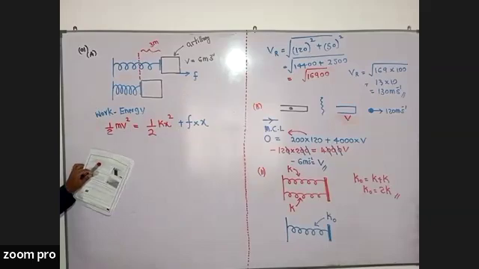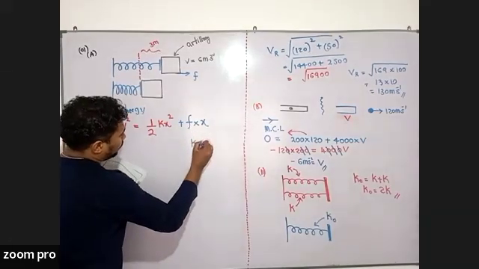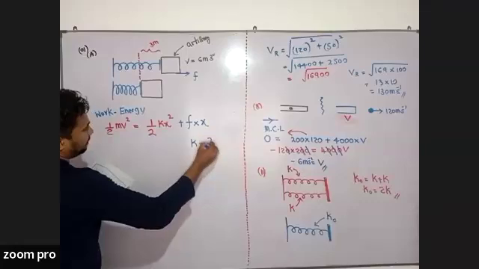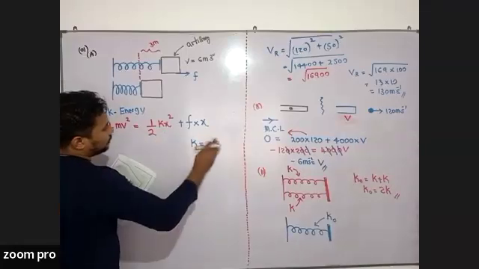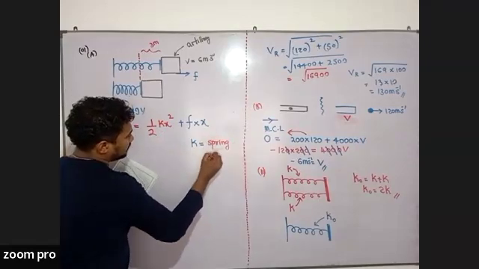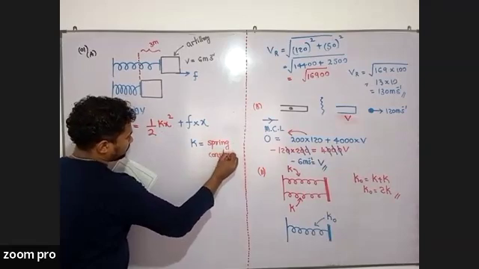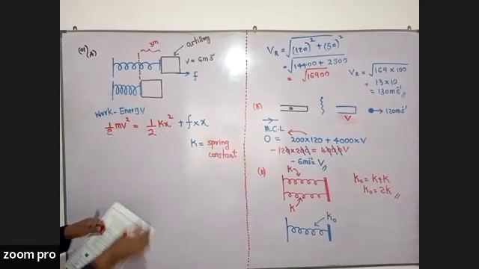Right? So unfortunately, in this question they didn't mention the coefficient of friction. Sorry, not the coefficient of friction, the spring constant. They didn't mention the spring constant, so that's why we can't obtain the value for F, right?